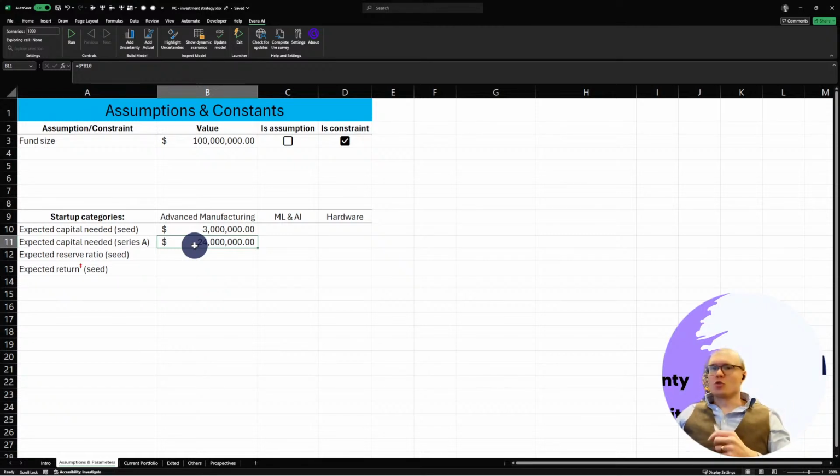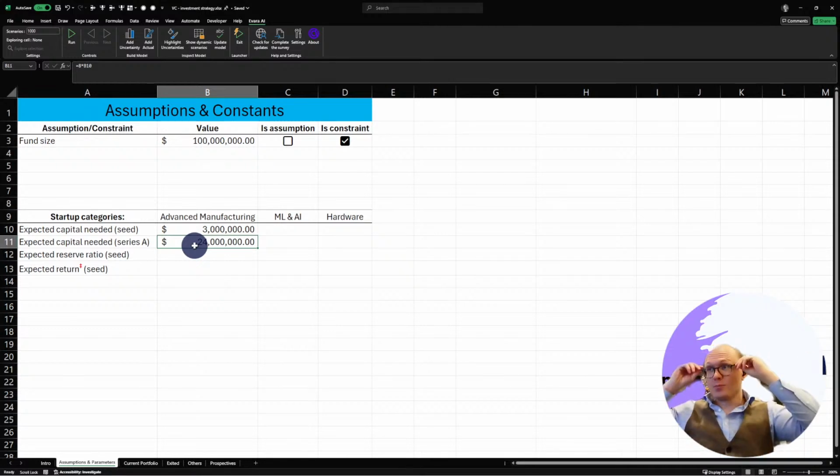Now, of course, we could have done this in a slightly different way, where we also look at what is the Series A in advanced manufacturing. But in our case, we are considering the Series A needed, again, subject to the ones that we are investing in.